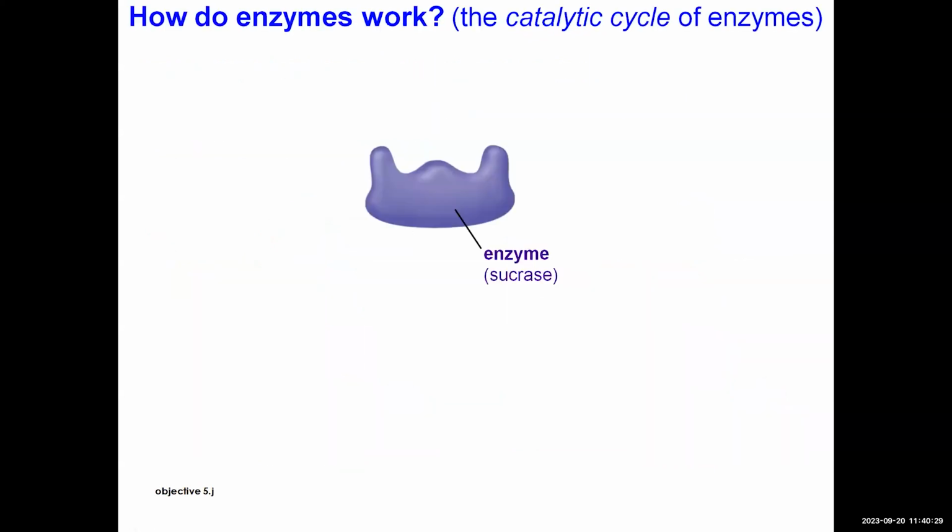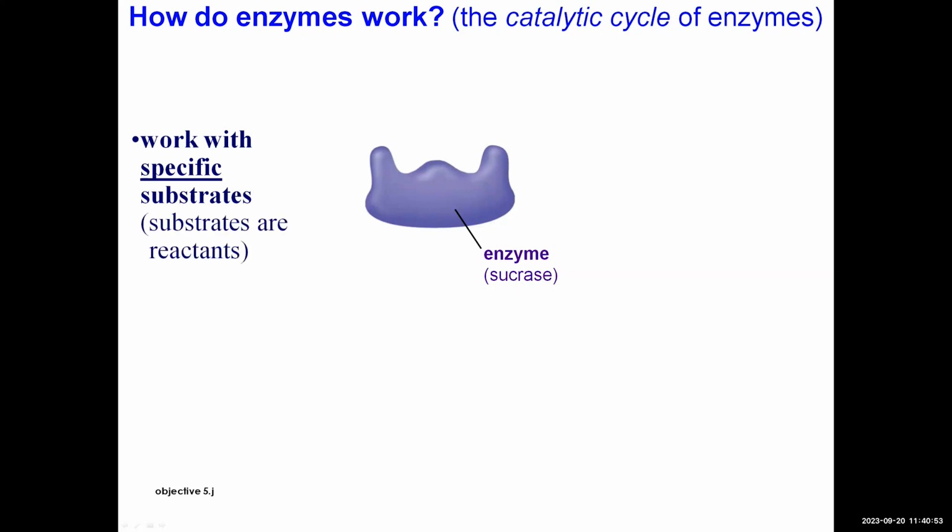It's important to remember that enzymes are very specific. For example, this enzyme is an example of sucrase. Enzymes usually only work as catalysts for specific substrates, so they only work with some molecules. In this case, sucrase only interacts with sucrose.